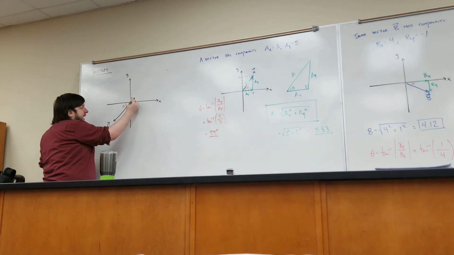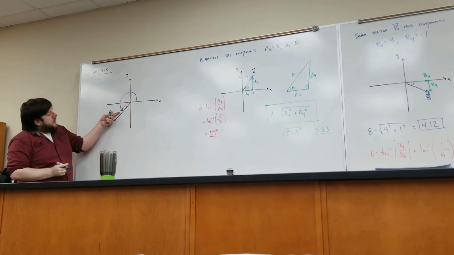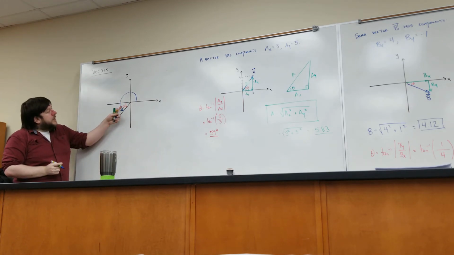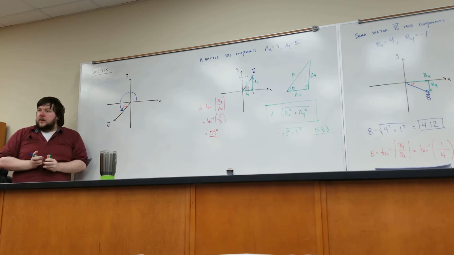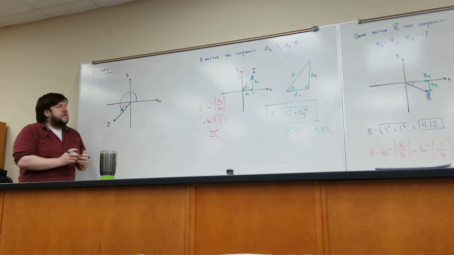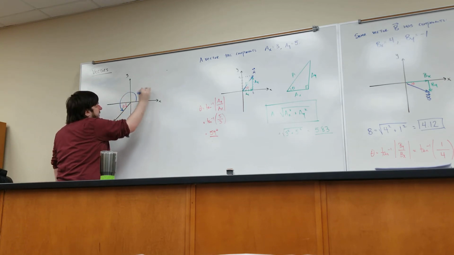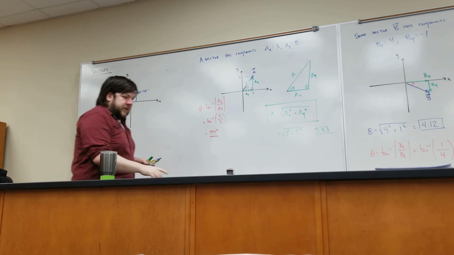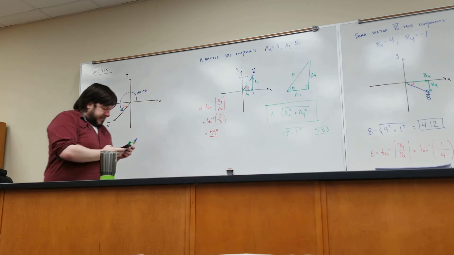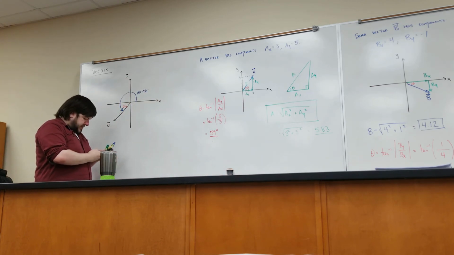So starting at the x-axis, going counterclockwise is this angle. If we know that theta is 56 degrees, how do we find the blue angle? Add it to 180. This is 180 plus 56. I'm terrible at arithmetic, so I think that's like 236 or something.